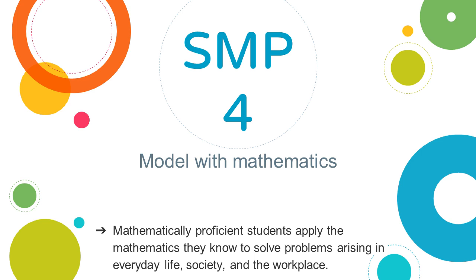Practice number 4 states, mathematically proficient students can apply mathematics to solve problems in everyday life. They might describe a situation, for example, with an equation, a diagram, a graph, or a formula. They are able to simplify a complex problem and identify important quantities to look at relationships.